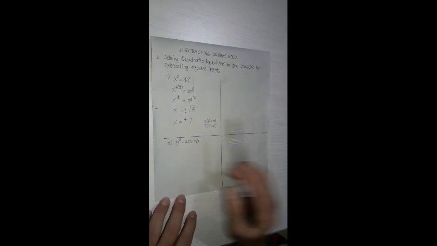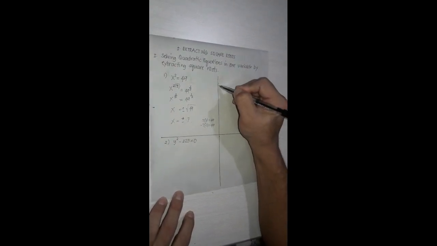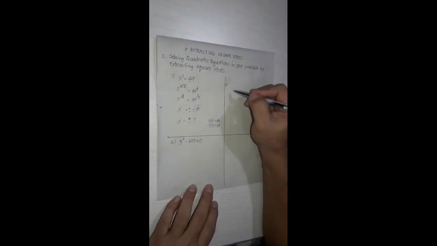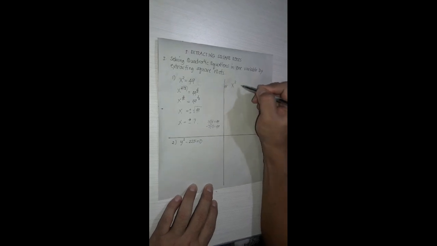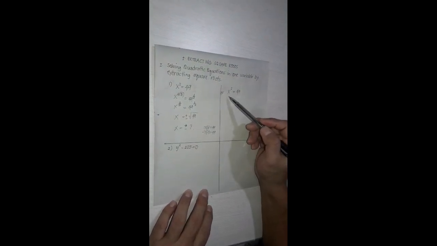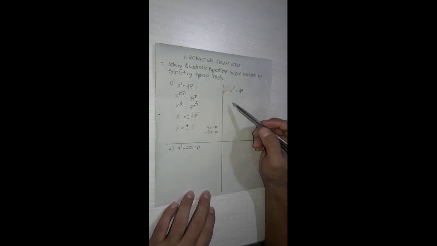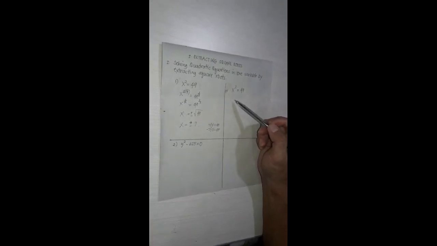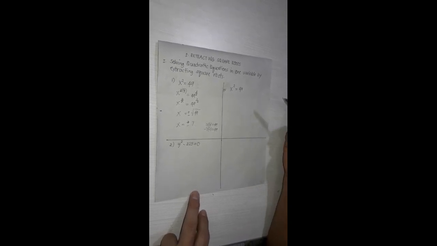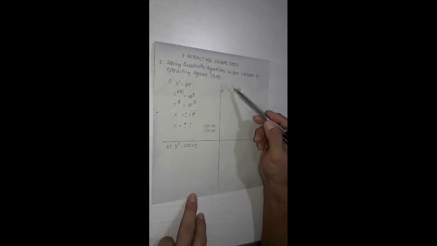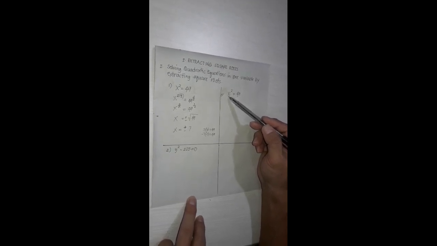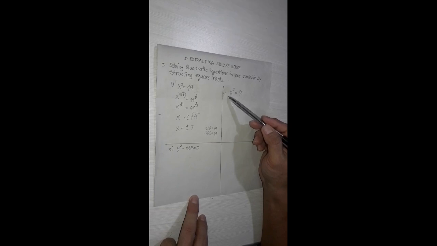Okay. Or another solution. This is the shortcut method. x squared equals 49. So, as I told you a while ago, the unknown should be alone at one side of the equation, with no exponents greater than 1 and no numerical coefficients greater than 1.